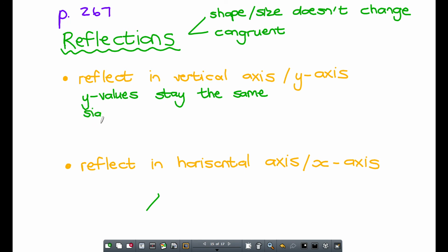The sign of the x value changes. So meaning if it was a positive, it becomes a negative, or if it was a negative, it will now become a positive. Okay, so that is written out in words.